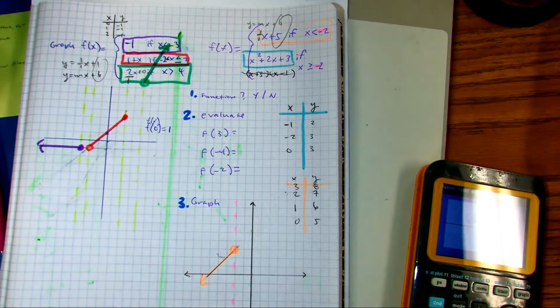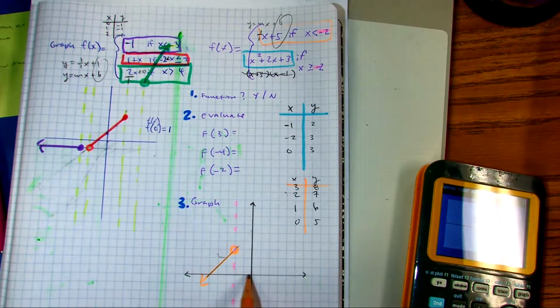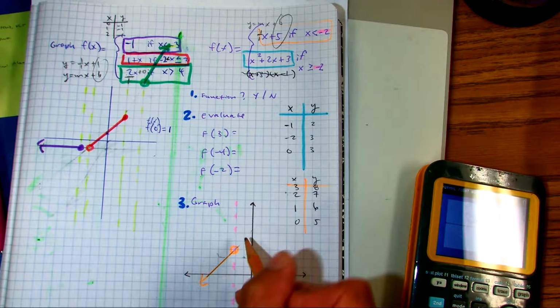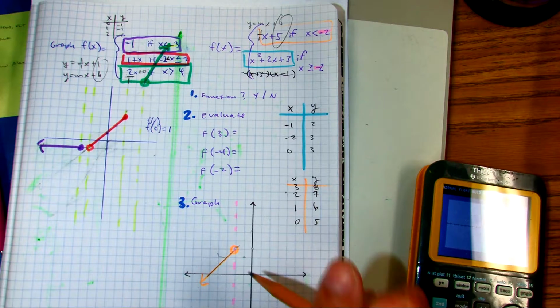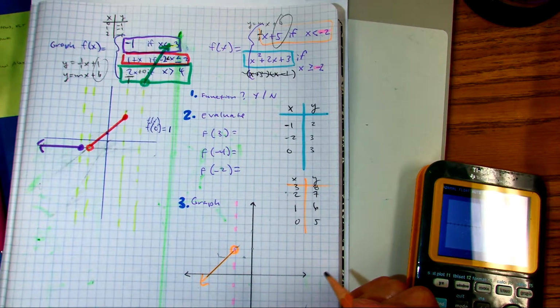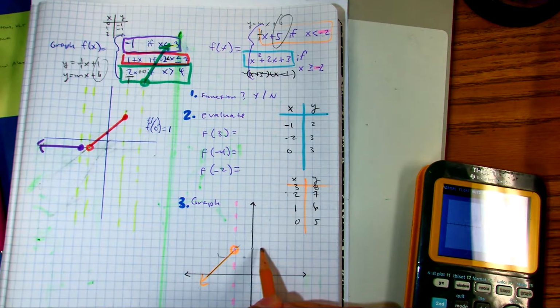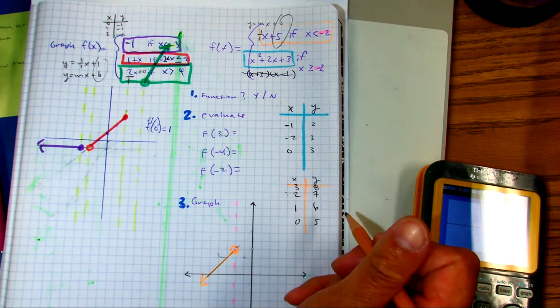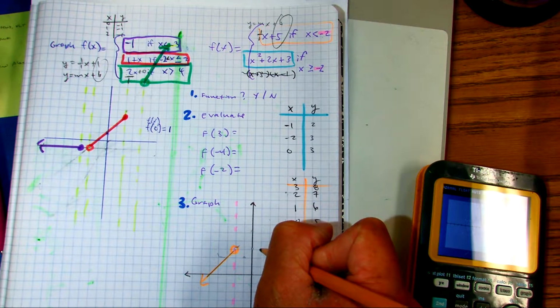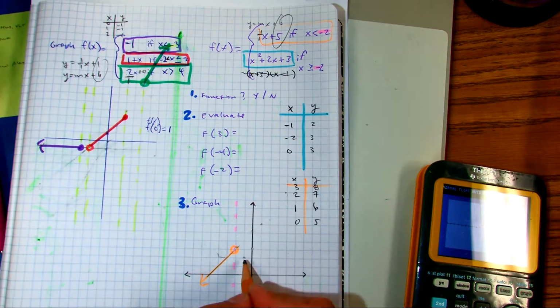Alright, let's see. -1, 2. Left 1, up 2. Left 2, up 3. 0, 3. So she has her 3 points. If you put in 1, you will get 6. And that means over here it's symmetrical.